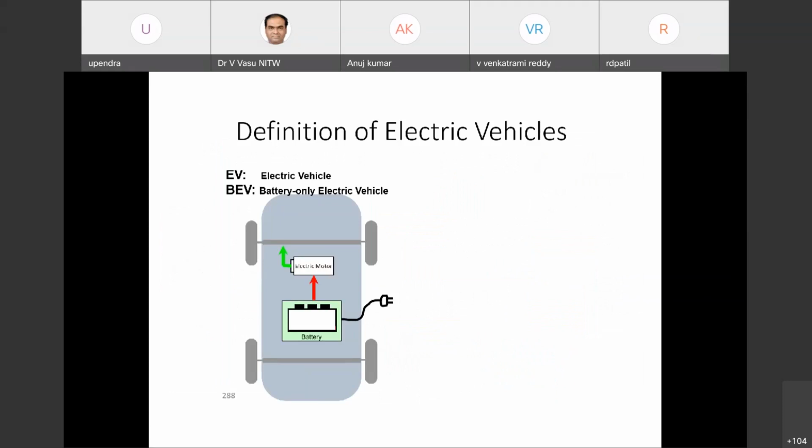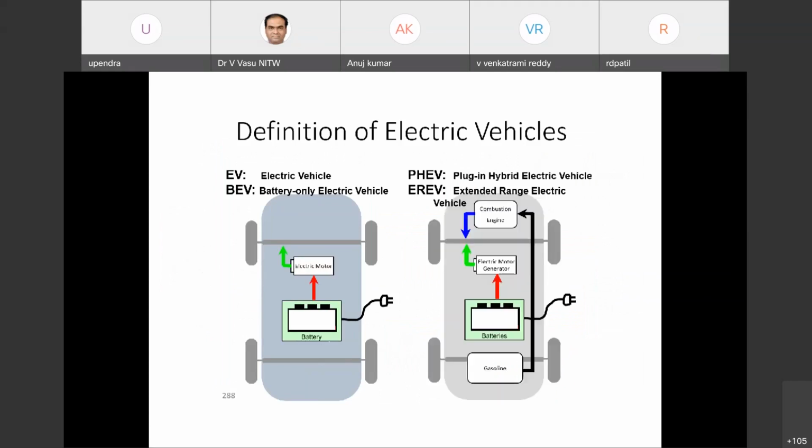An electrical car means a battery-only electrical car where the battery power is used. Then we have plug-in hybrid electrical cars and extendable electrical cars.